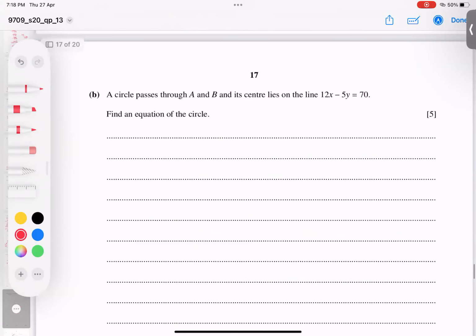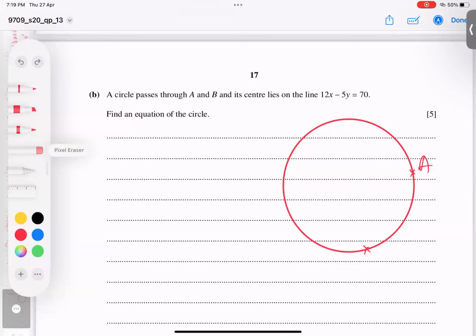Now he's saying a circle passes through A and B, and its center lies on a line. One minute, I'll show you. This circle passes through AB. This is A, this is B. AB is given, and the center lies on this line. Let's say there's a black line passing through this.